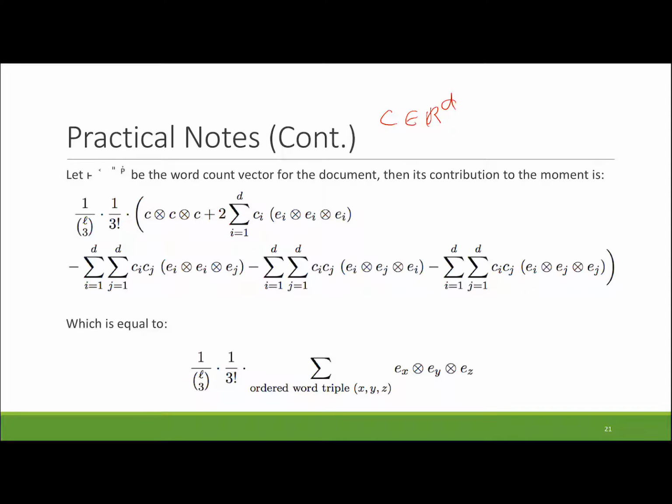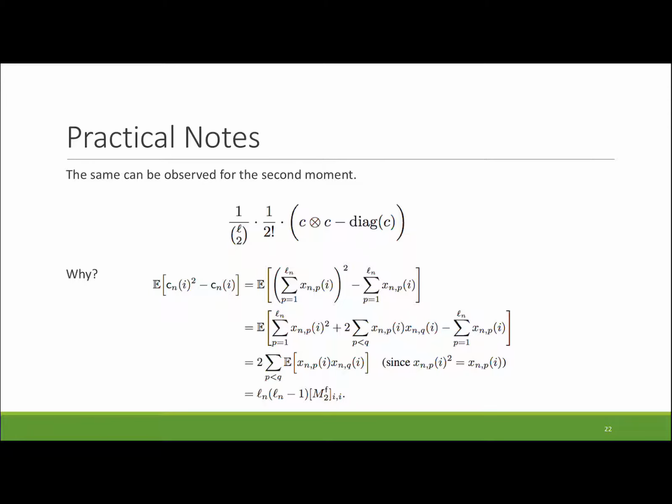It can be shown that the contribution of this document to the final third order moment can be computed using this formula. If you expand this, you can see that it is equal to this value, which is just the summation over all the word triplets in the document. And the same for the second order moment.